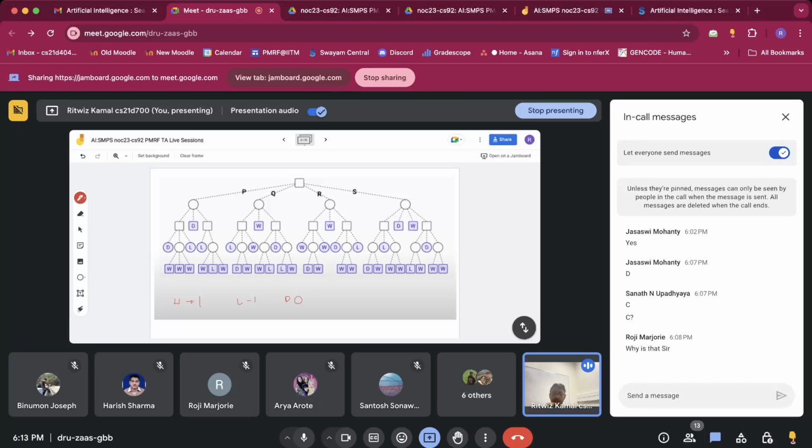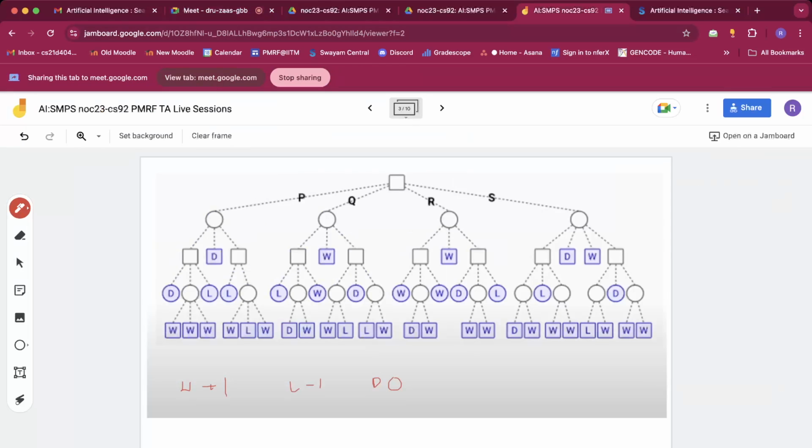Okay, any answers, any guesses, partial solutions? Okay, let's try to fill in the tree and see what happens.